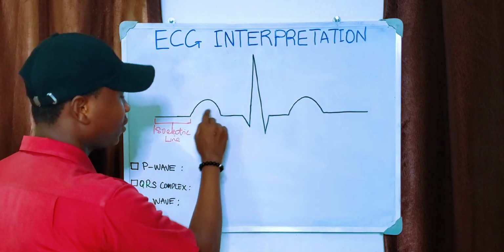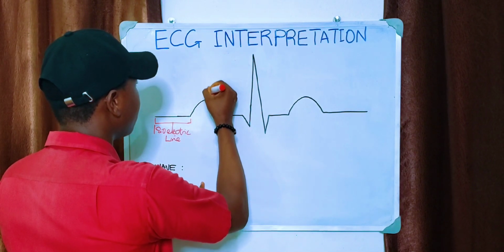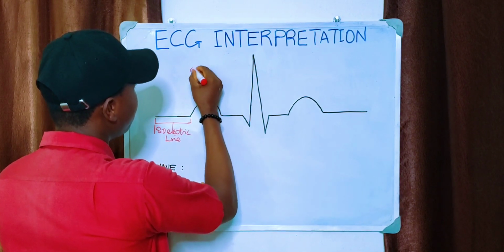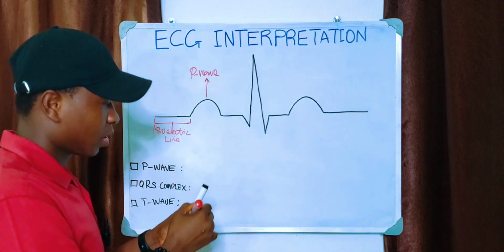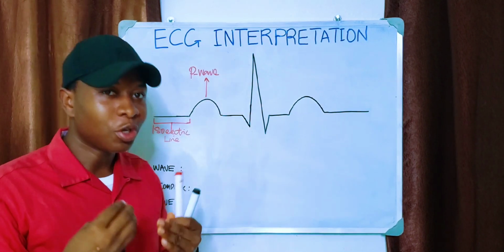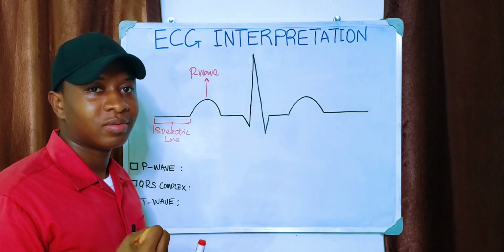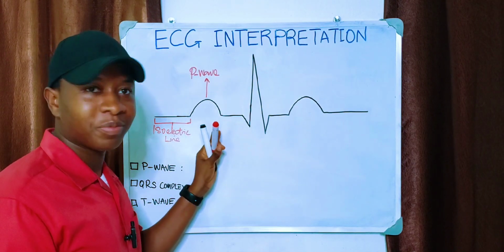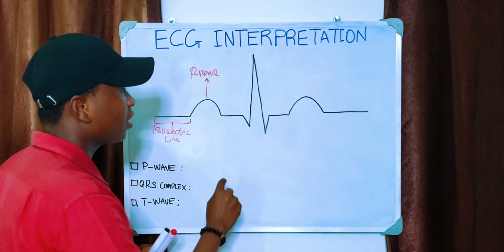Now, this positive deflection is called the P wave. The P wave just signifies the contraction of the atrium. So this is just the electrical activity.